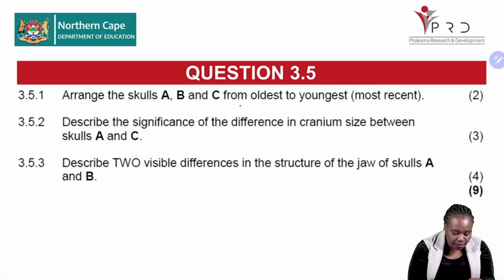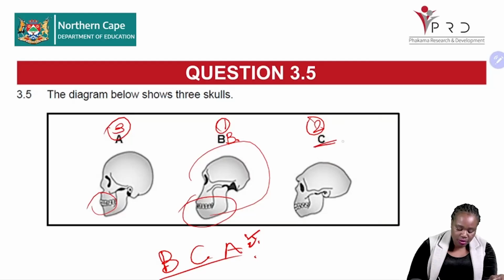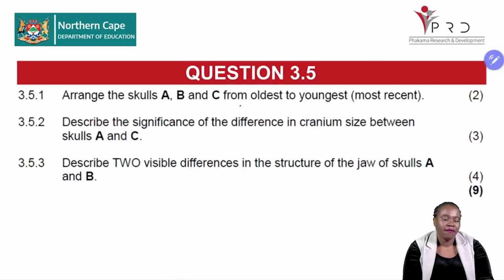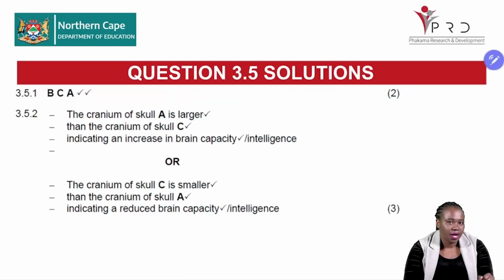3.5.2. It says here, describe the significance of the difference in cranium size between skull A and skull C. So between the youngest and the oldest, basically, right? No, between the second two, actually, this one and this one. So why is it important that they have these differences in the size of the skull, right?